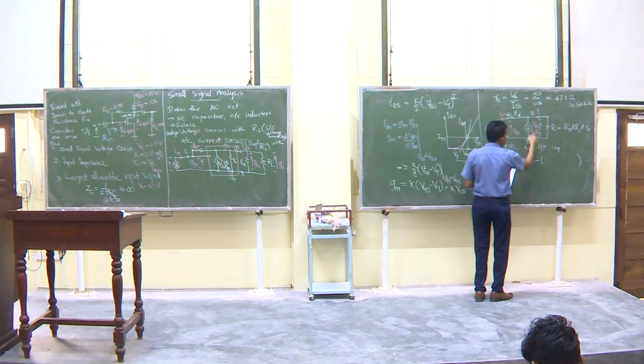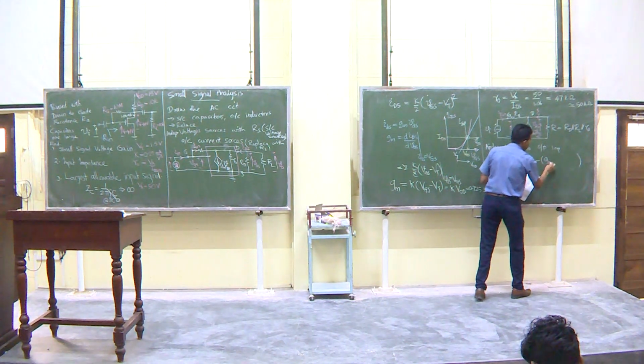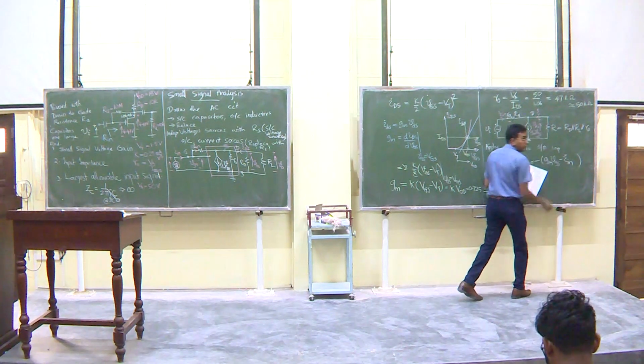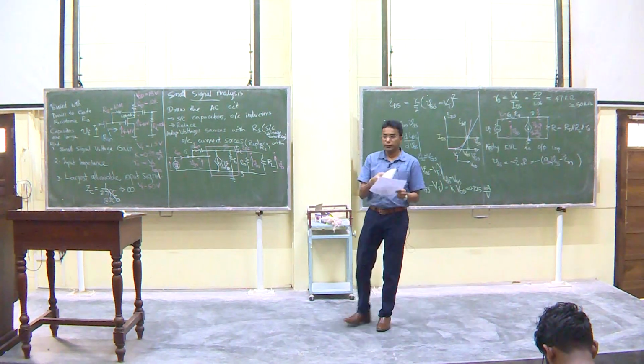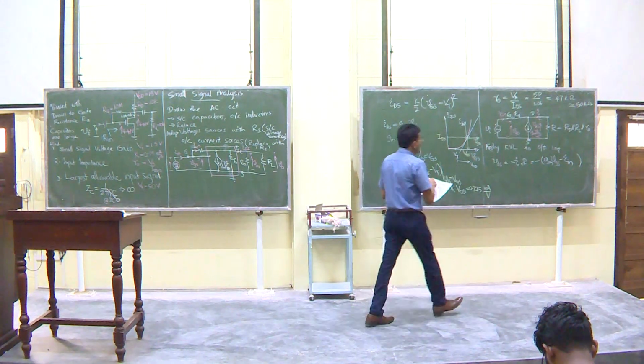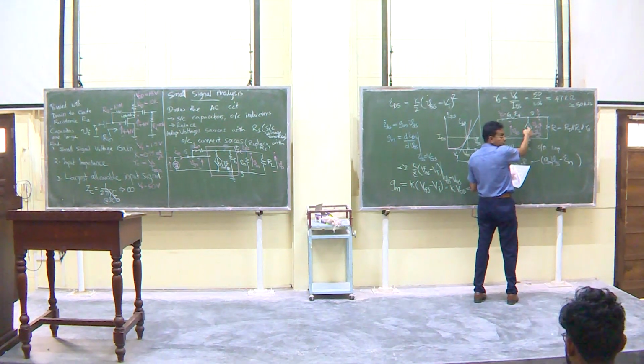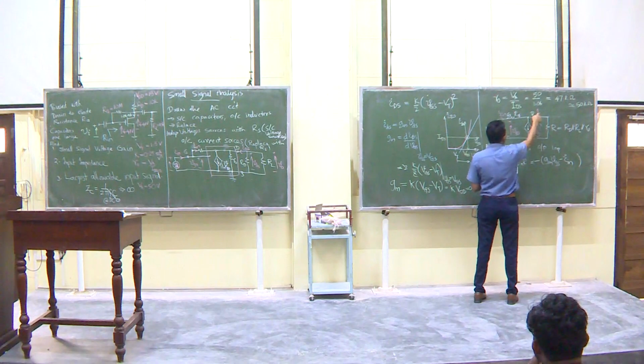So therefore this current is gm VGS minus I in. Right, now it's correct. Okay. So what I am interested in is this, not this one. This plus this is equal to that. So therefore this is equal to this minus that.